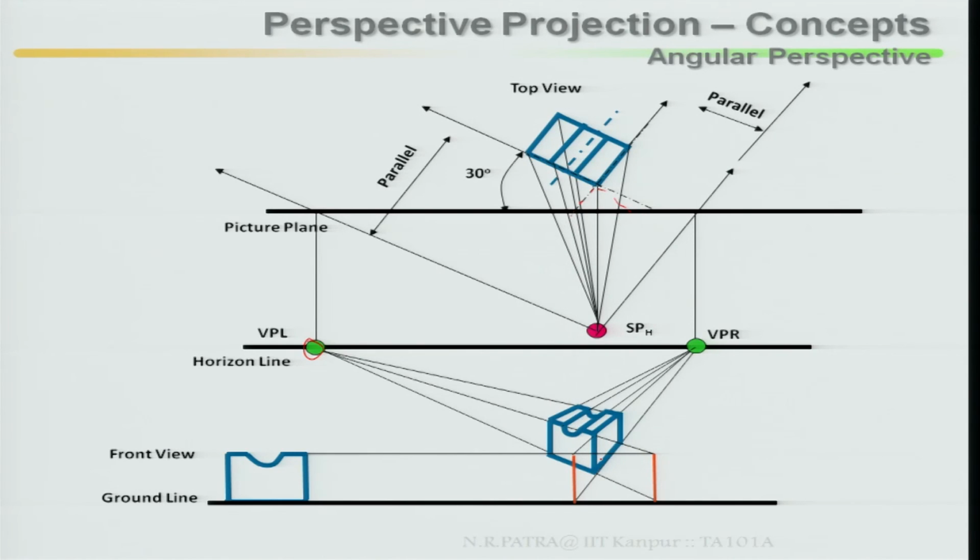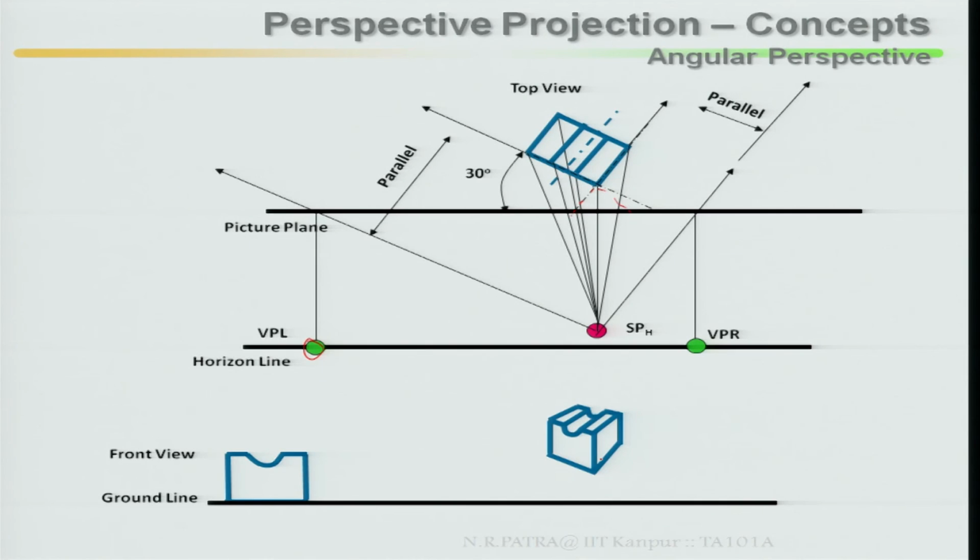Look at how it looks. So this is your angular projection or angular perspective. In this case, the left face and right face make an angle to your left-hand side as well as right-hand side, and neither face nor edges touch your picture plane.